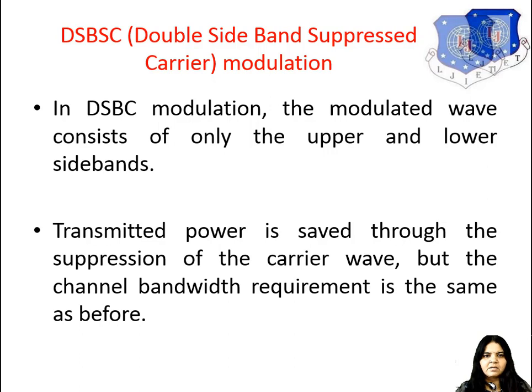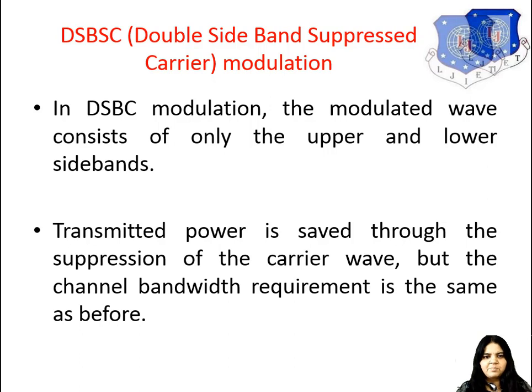Now in DSBSC modulation, the modulated wave consists of the upper and lower sideband. As I said, the upper and lower sidebands contain the same information. So when we transmit the copied information with both the upper and lower sideband, it is a wastage of power.